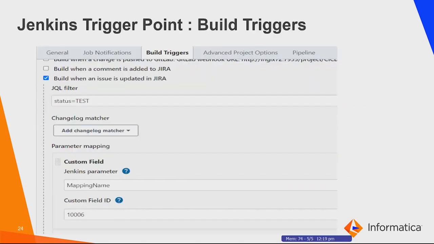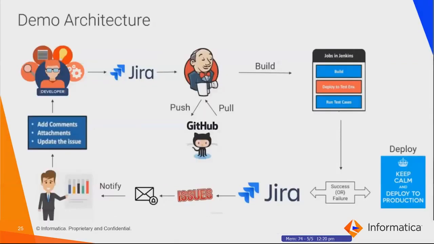Jenkins also comes with a trigger point called build triggers, which can be configured to listen to what Jira is trying to say and perform certain operations based on the nature of the request. We will understand the entire ecosystem as part of the demo.